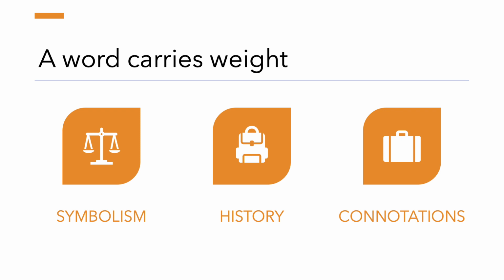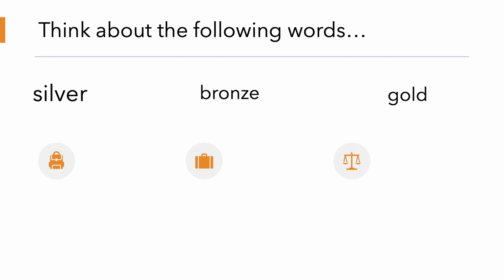But this is the point. A word, a single word, carries weight in so many different ways. Here's an example. Look at the following words: silver, bronze, and gold. Now, straight away, because of both the symbolism and the connotations of those words, I imagine some of you feel a little bit awkward about the order of those words, because I've gone silver, bronze and gold, and I'm fairly sure there's an order that you would rather see that in.